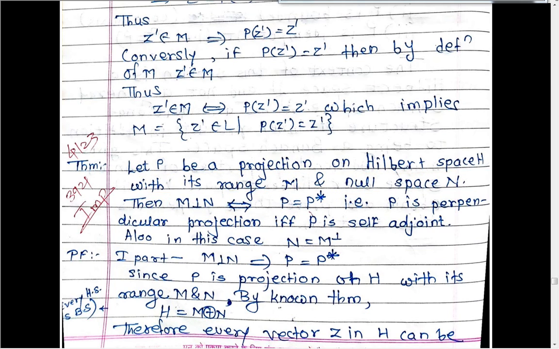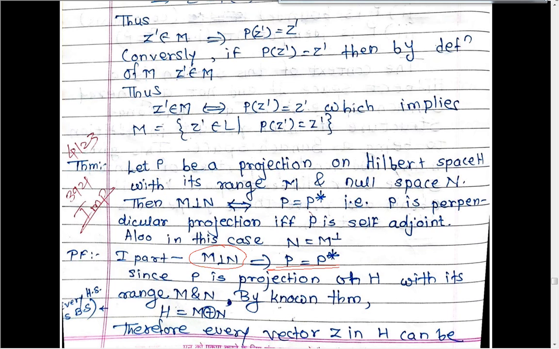For proving the first part, the hypothesis we take is that M is orthogonal to N. And what we have to prove is that P is equal to P star, that is, P is self-adjoint. Since P is a projection on H with its range M and null space N, we know that H is the direct sum of M and N. We have proved this in Banach spaces as well.